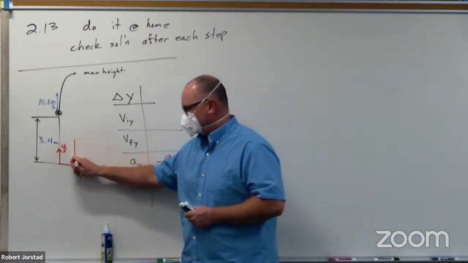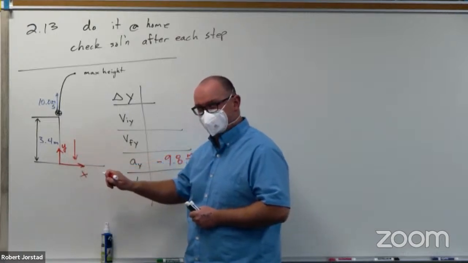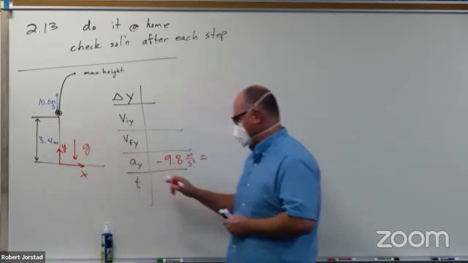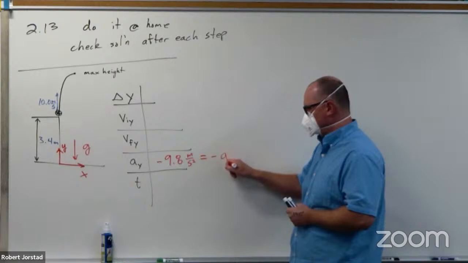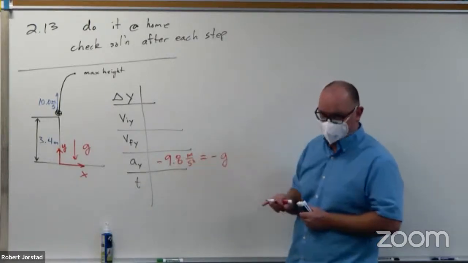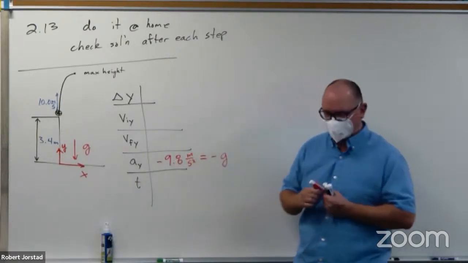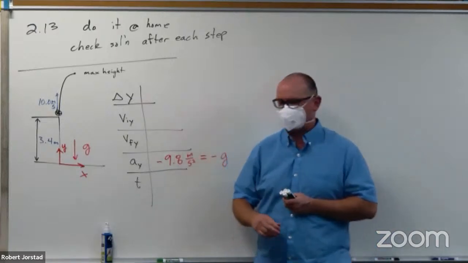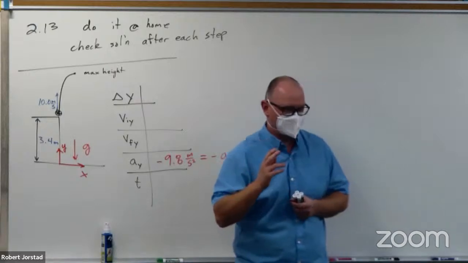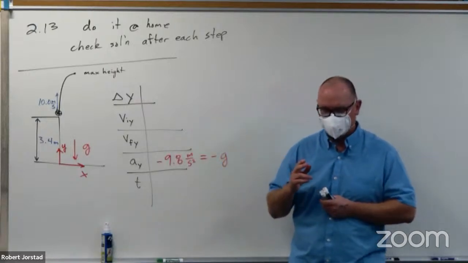It's downwards with what magnitude? G. So would I write down G or negative G? Negative G. G is just the positive number of the units. As long as you've got that solid, the rest of these problems work out exactly the same as last lecture. So far, so good?